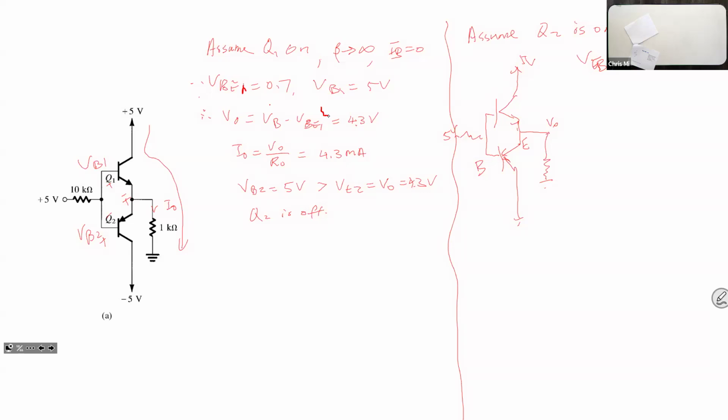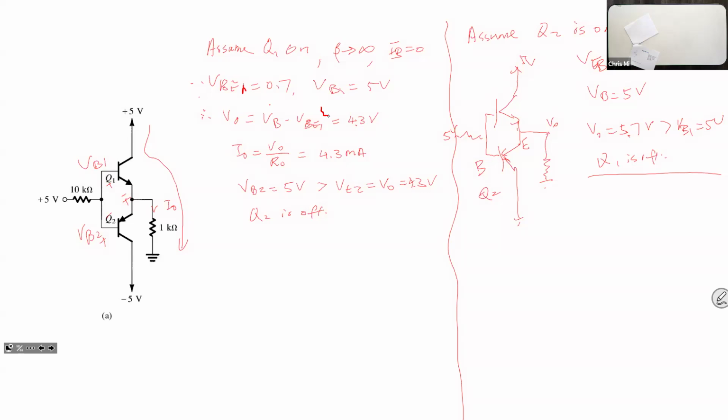With Q2 on and VB at 5 volts, VO will be 5.7 volts. Since VO is larger than VB1, which is 5 volts, Q1 is off.